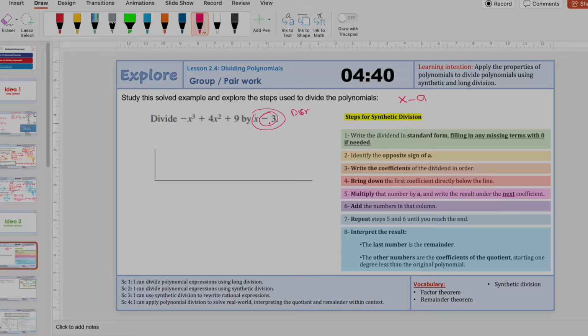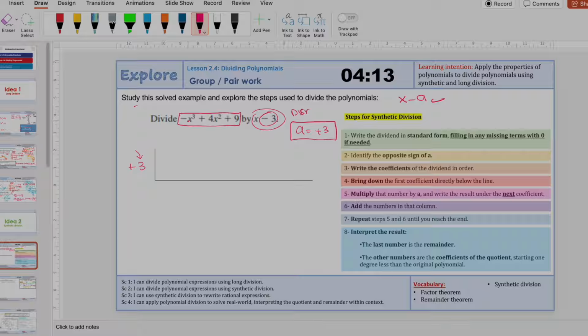Why do we care about that a? Because we're going to use it here to divide. So how do we start? First of all, make sure that your divisor looks like this, and it does. Then identify your a. My a here is positive 3. We take opposite sign. So just write down here positive 3. And then look at your dividend and make sure it's organized from highest power to lowest power and there is no term cancelled.